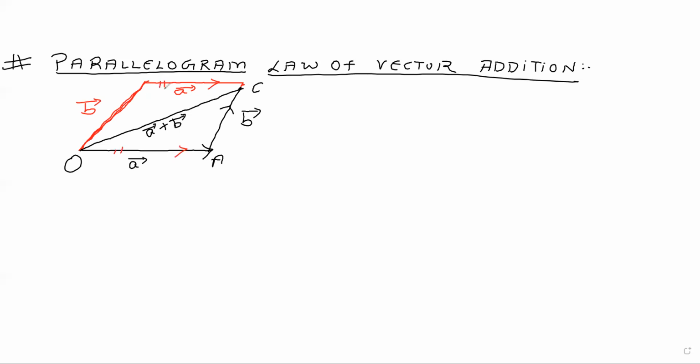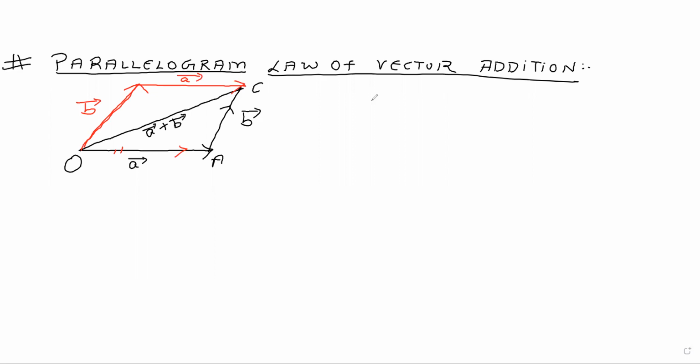The magnitude is also the same because opposite sides of a parallelogram are equal. Let me draw it more accurately. I can draw it like this. This is vector B, this is vector A.